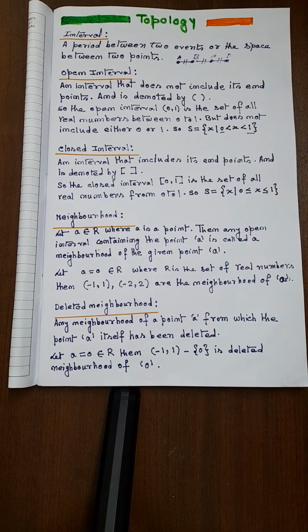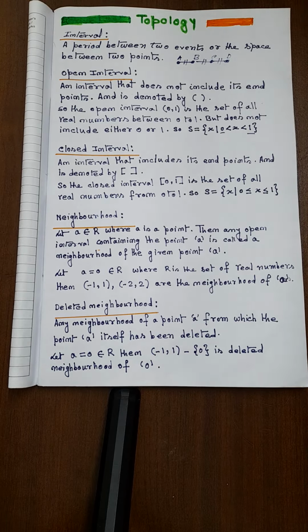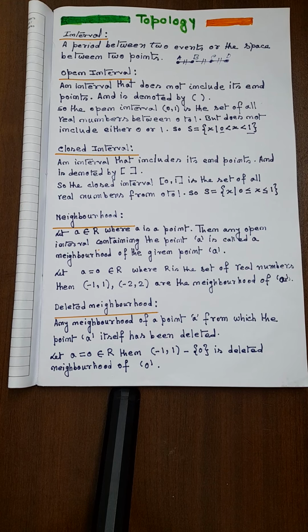So what is a neighborhood? Let R be the set of real numbers and A be a point belonging to R. Then any open interval containing the point A is called a neighborhood of the given point A, right? So let us suppose we have A equal to 0 and it belongs to R, where R is the set of real numbers.